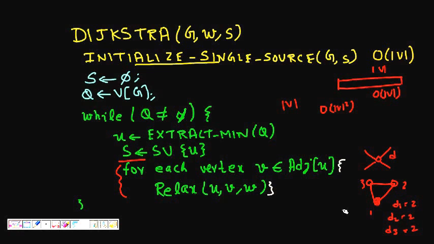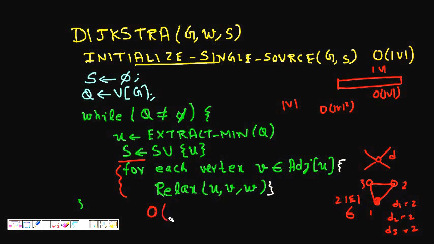So total D1 plus D2 plus D3 is 6, which is twice the number of edges. So I go through all the vertices and look at all their edges, which happens twice the number of edges times.